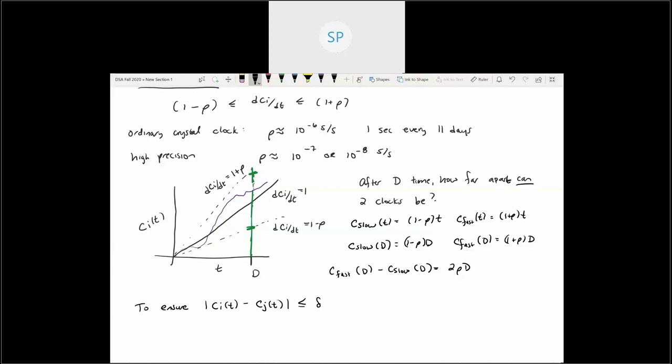I want 2 rho D to be less than or equal to little delta, which means that every little delta over 2 rho time steps, I need to resynchronize. This D is telling me how often I should synchronize, and that will make sure that my difference doesn't get beyond little delta, okay?